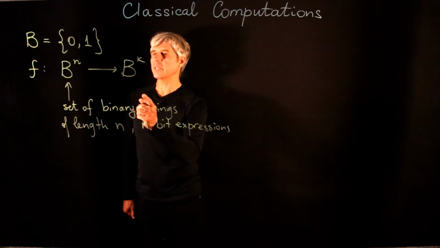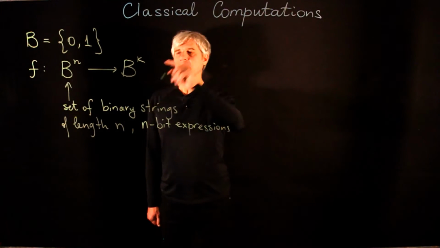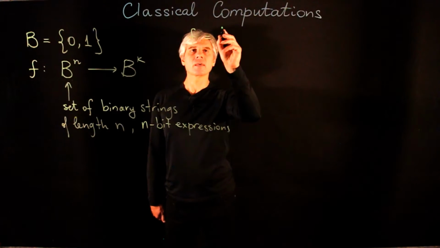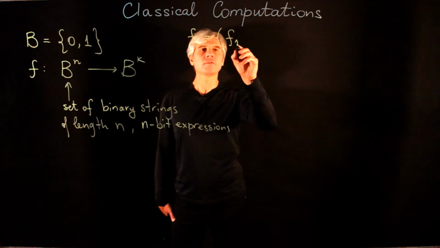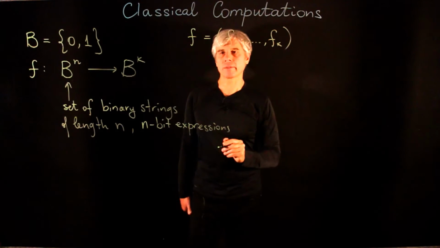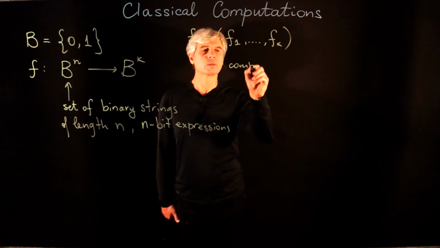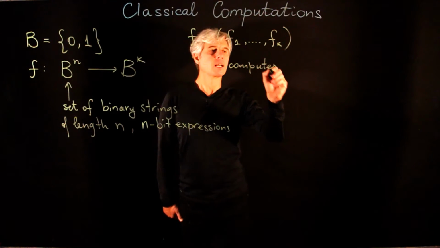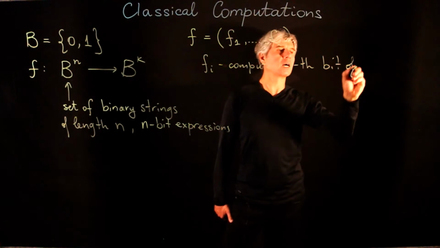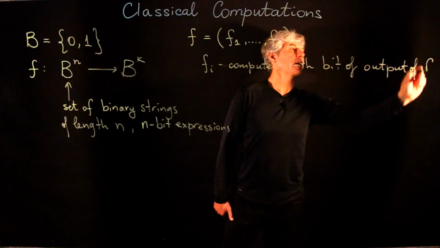We can go even one step further and consider, instead of a single function with k-bit output, the array of k functions, where the function fi computes the ith bit of output of f.